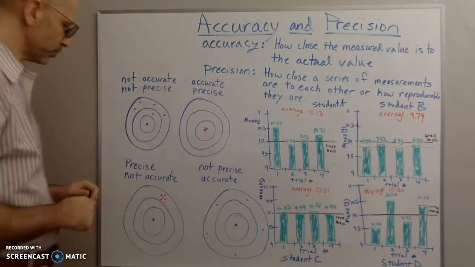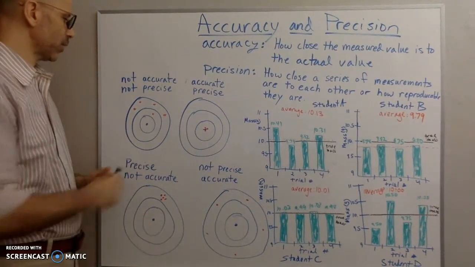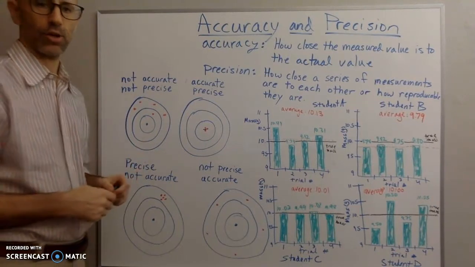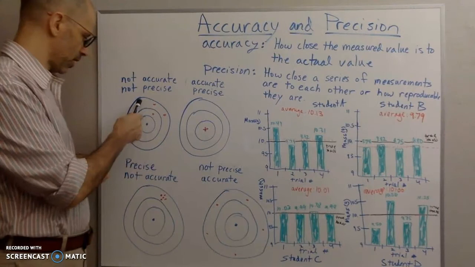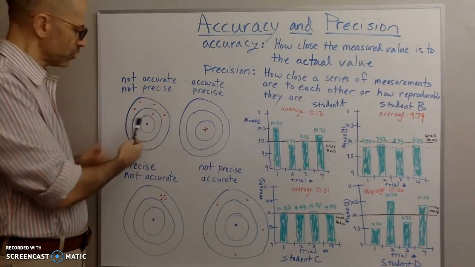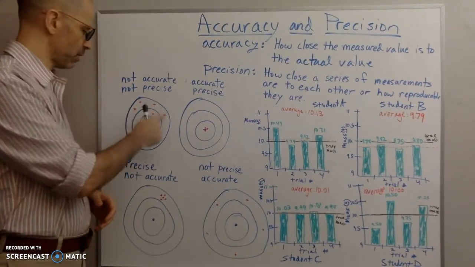Okay, so here I have four bullseyes, and the red dots represent the data, right? So if I have data points that are, you'll notice, fairly far apart, this would represent imprecision in the data because they're far apart.